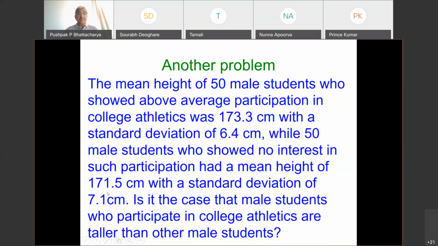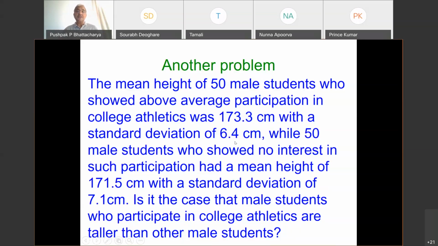Now, looking at 171.5 centimeter and 173.3 centimeter, can we claim that athletes are taller than non-athletes? Again, we are vexed by other controlling influences, namely the standard deviation, 6.4 centimeter for people who are participating in athletics and 7.1 centimeter for people who do not.